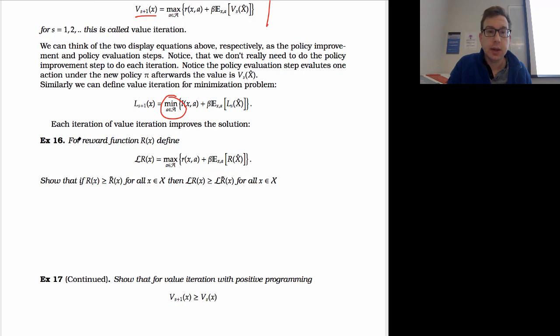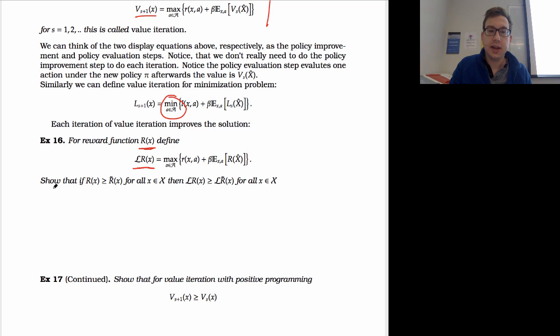So here, for a reward function R, I'm going to let script L of R be the new reward function taken from one iteration of that value iteration. So if R was my previous value function, this is my new value function under value iteration.